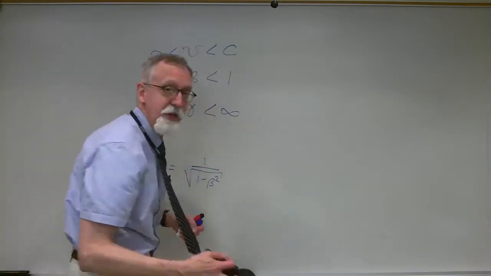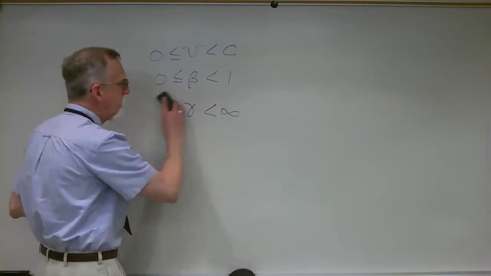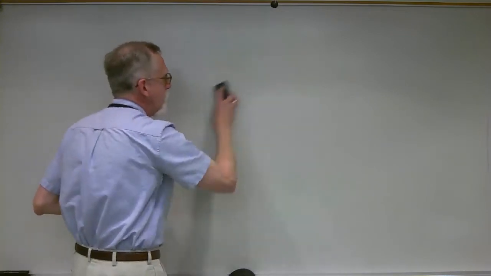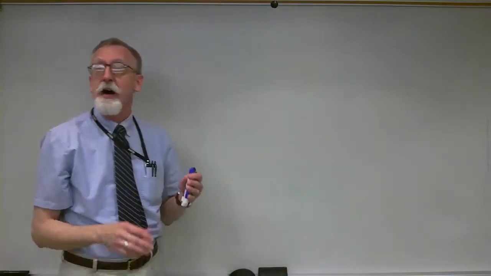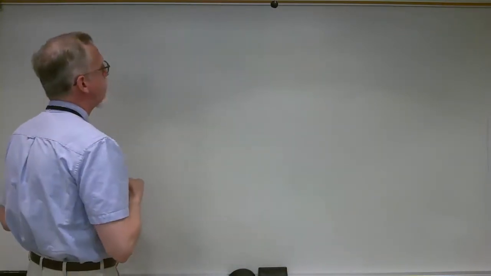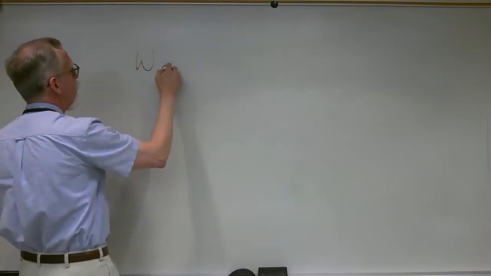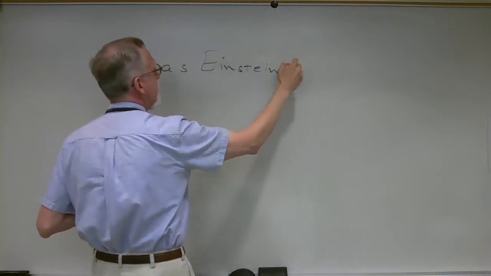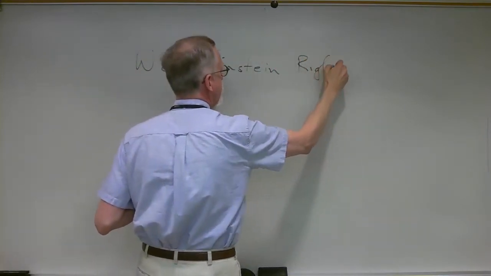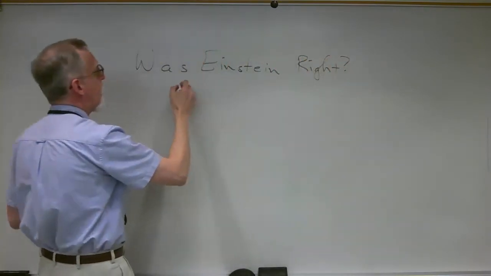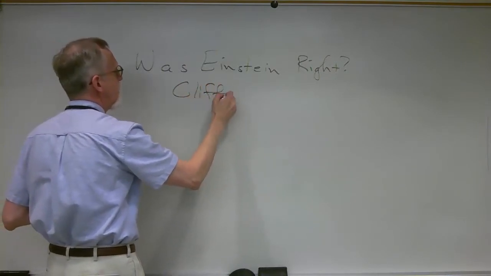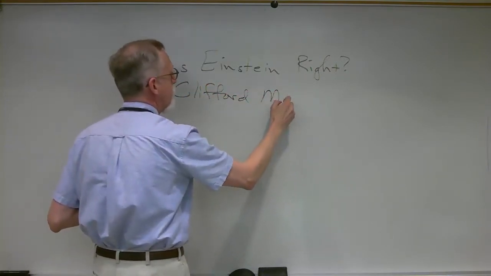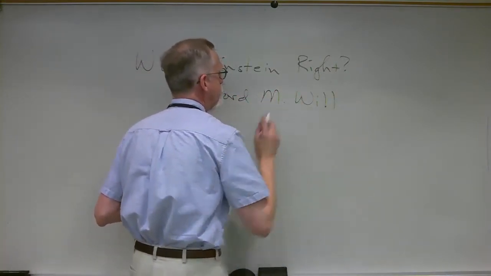Now, let me draw your attention to a very, very fun, readable book. If you are interested in this, there is a book called Was Einstein Right? By an individual by the name of Clifford Will.